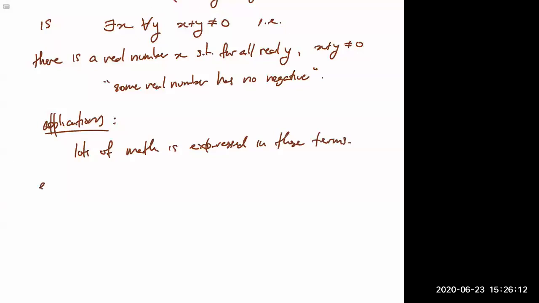So for example, the rigorous definition of a limit, which you may have seen before, or if not, you will see if you ever take an analysis class, or even if you take 1A, possibly.